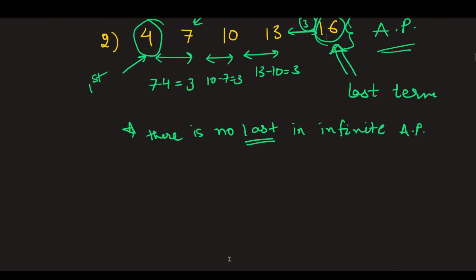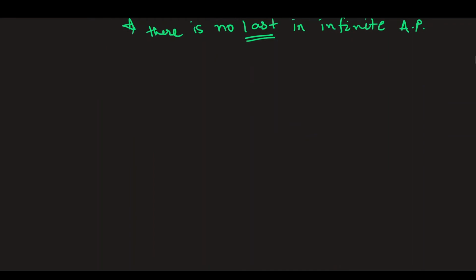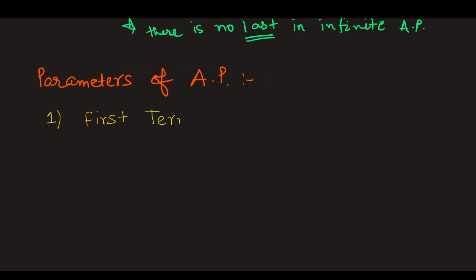Okay, so what are the parameters? Now we study parameters of AP. What are the parameters of AP? Number 1, first term. Number 2, common difference.